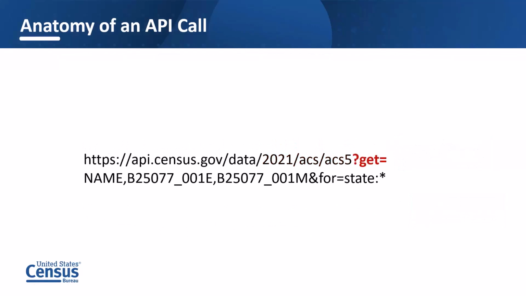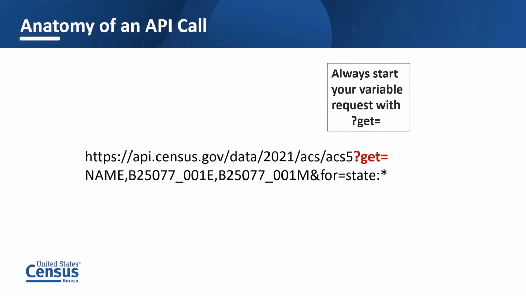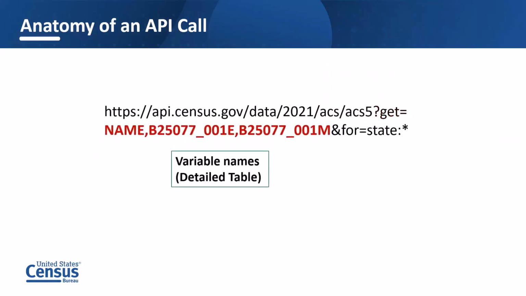Next, you add ?get= to your call. All API calls will include ?get=. That's used to start your variable request. Next, you add your variables.